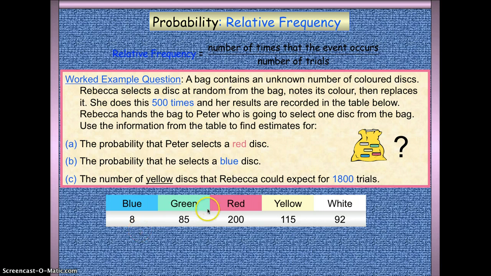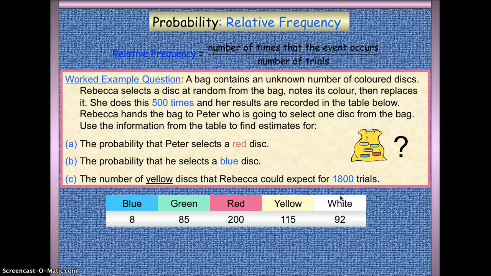But here is the result of Rebecca's experiment. She got the blue disc 8 times out of 500, and then 85 for green, 200 for red, yellow 115, white 92.